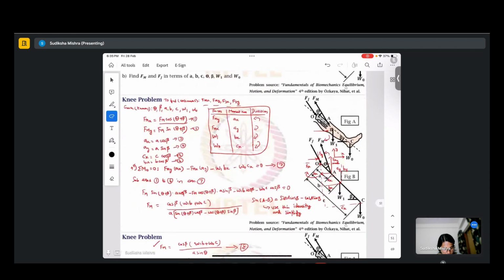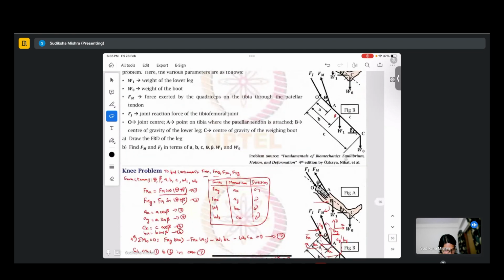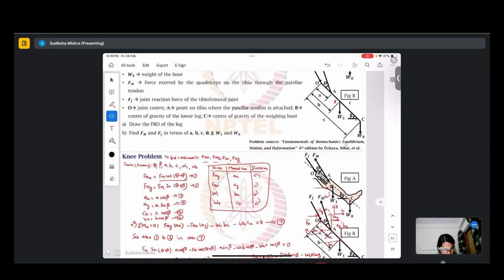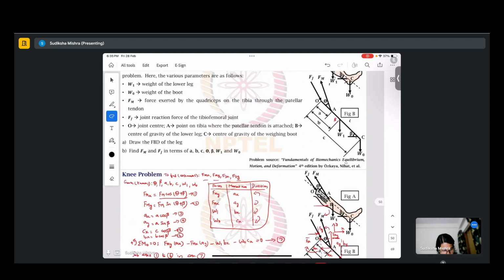Okay, so we'll first use this to draw the diagram. Fm can be split into Fmy and Fmx, and if you assume this is the positive y and positive x, Fj can be split into its y component Fjy and x component Fjx.